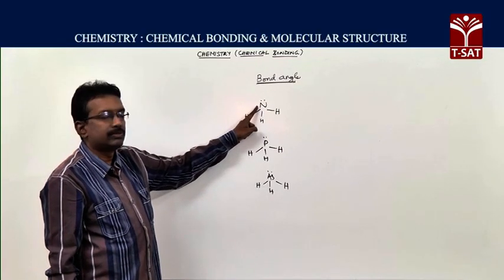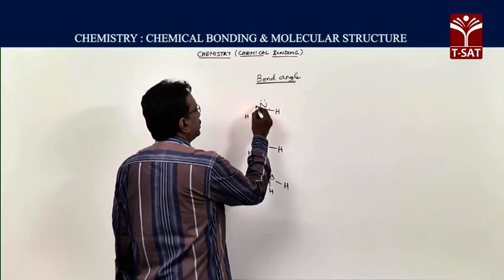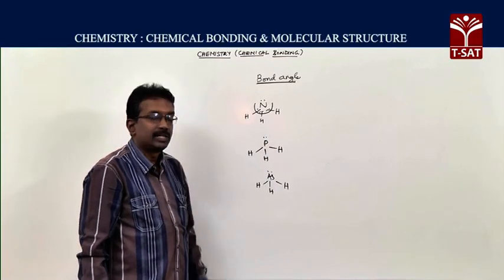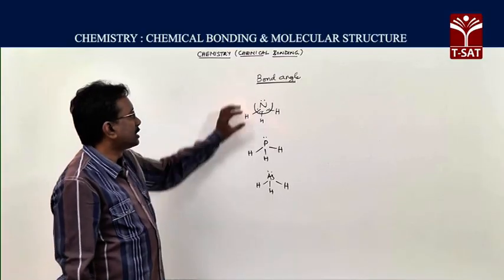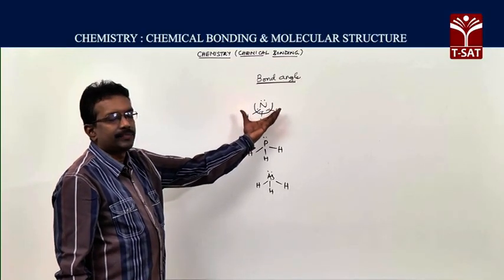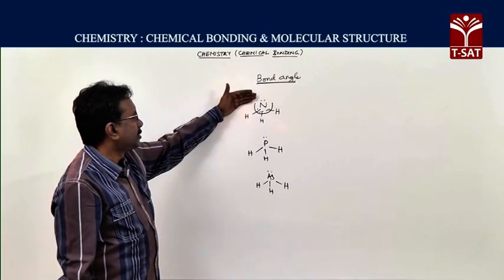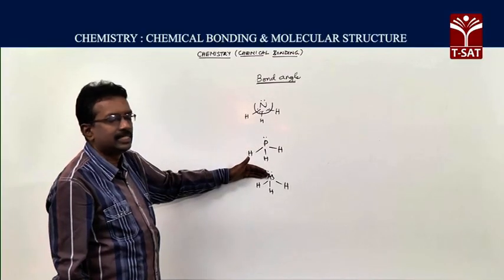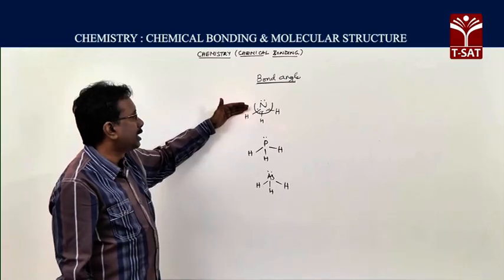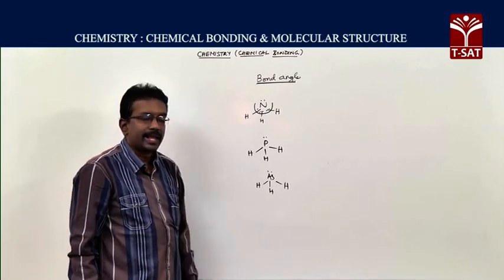If we have a more electronegative central atom in the ammonia molecule, the bond pairs are close to each other, and between these bond pairs of electrons, more repulsions take place. Because of more repulsions, definitely the bond angle increases. That means in these hydrides, from nitrogen to phosphorus, phosphorus to arsenic, as electronegativity decreases, the bond angle decreases. Top to bottom, the bond angles decrease.